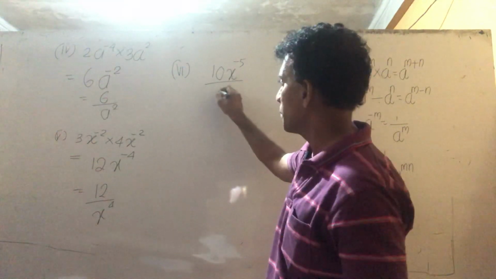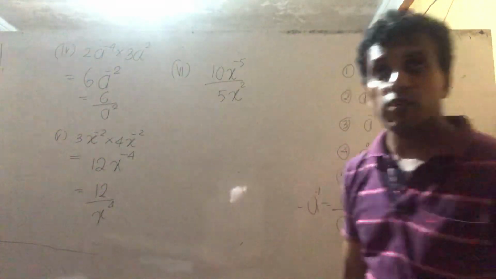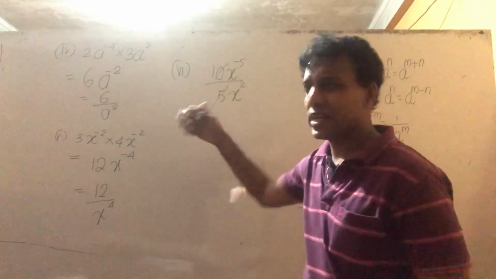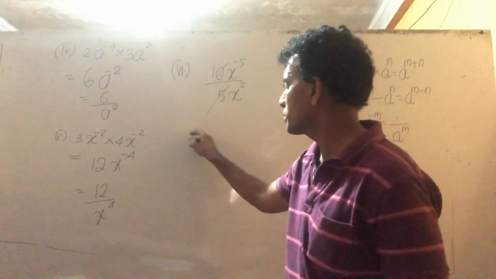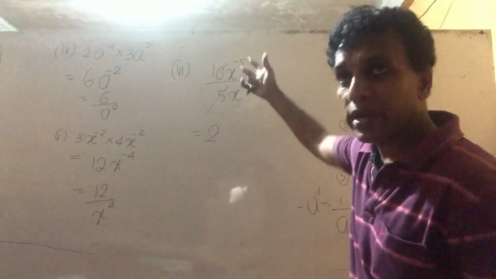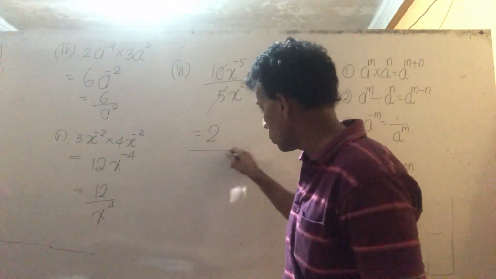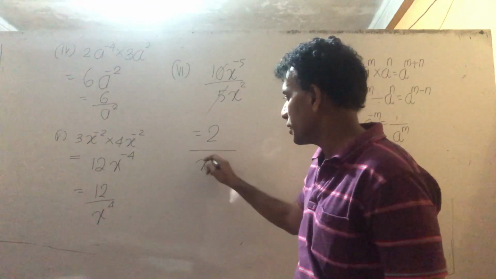Next question. Simplify. You got this 5, 10 divided by 5, 2, ordinary method. 2. Then I change this x value up and I change this minus comes here down. So therefore 2 below x squared.